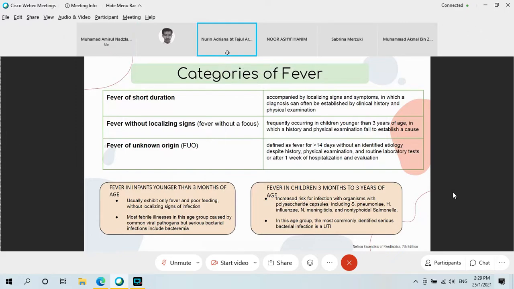If it's localized signs, it's easy because you can pinpoint straight away. If you have localizing signs, tonsil enlarged, tonsil red, that's a sign. So it's tonsillitis, nothing proven otherwise, isn't it? That's easy. What about short duration? What does it mean?